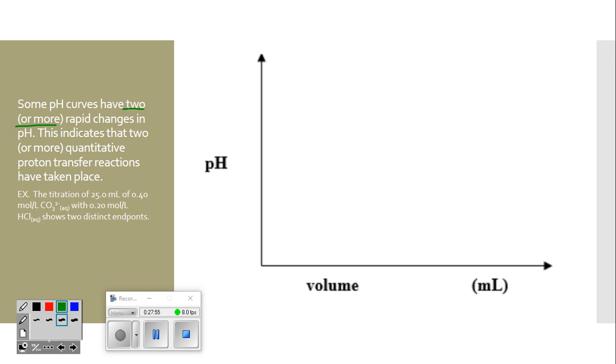That's what should have happened. The idea is that 2 or perhaps more quantitative proton transfer reactions happen. Remember, every time there's a sharp change in pH, it means that a proton was transferred.